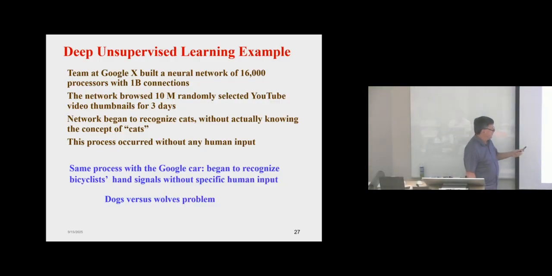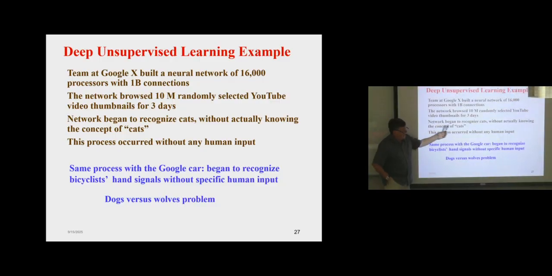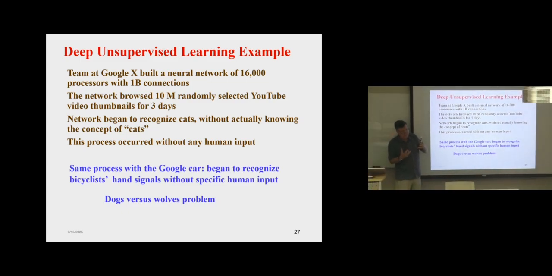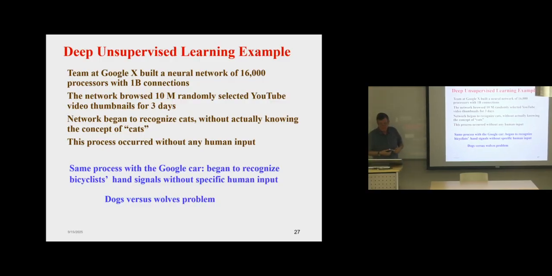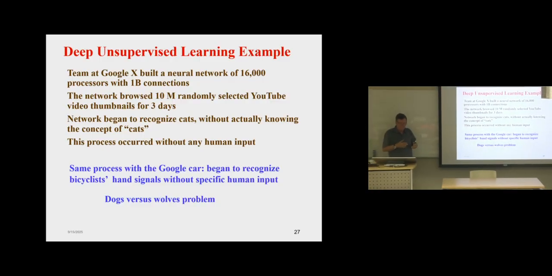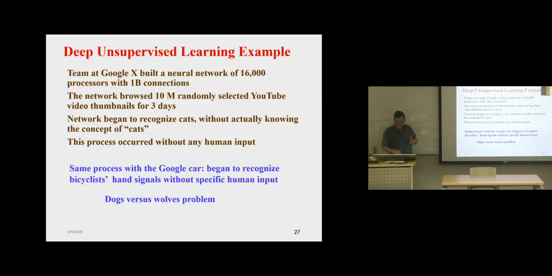What surprised the engineers was it grouped lions and house cats, bobcats, all different types. And they went in there to look, and it was the shape of the skull, the ears, and a few other things. But it did not know what a cat was. The human in the loop had to decide what it had picked up.